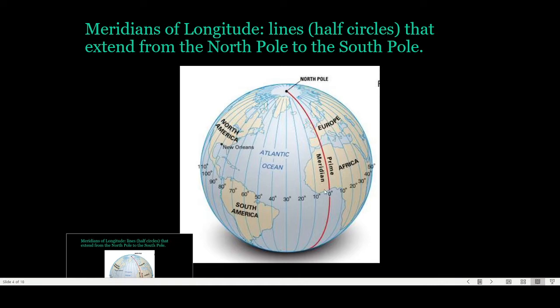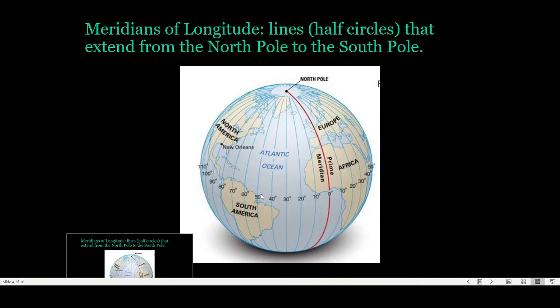Everything from the right side of the prime meridian is designated east, so 10 degrees east, 20 degrees east, and so on. And everything to the left side of the prime meridian is designated as west.